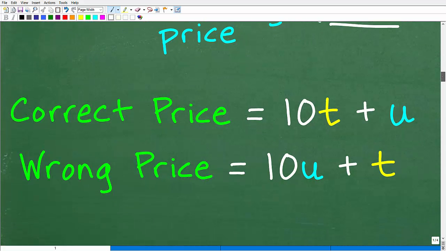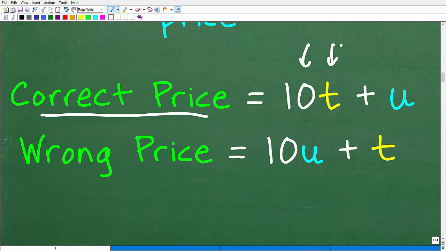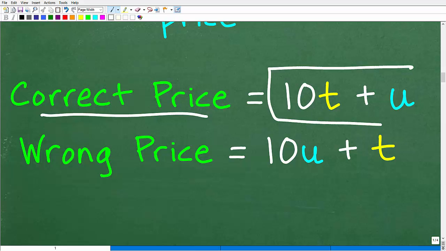From that, we can build out the correct price. The correct price is going to be 10 times t, which is the tens digit, plus u, which is the ones or units digit. So this is a representation of the correct price, okay?